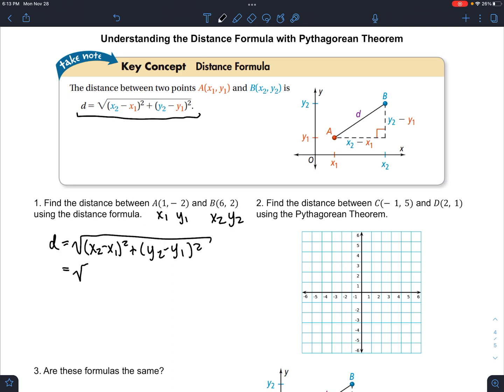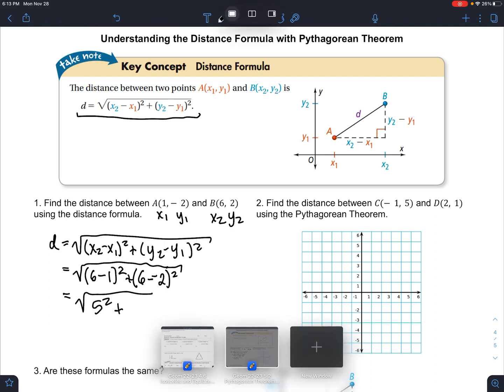Okay. So plug in the numbers. We're going to get x2, which is 6 minus 1, 6 minus negative 2. So we're going to get 5 squared plus, let's see, make sure I got this right. Hold on.